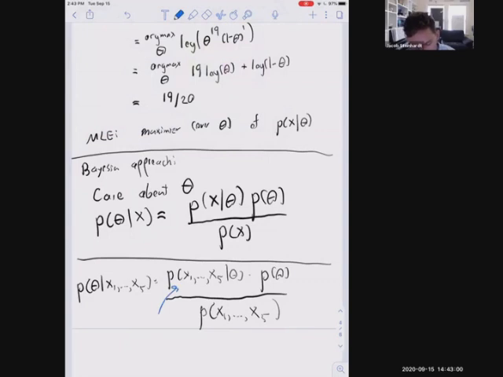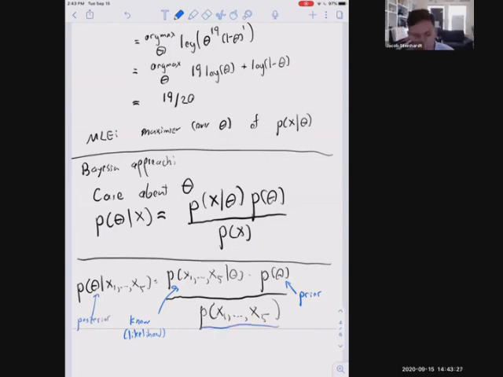This is the thing we already know. This is called the likelihood. This is something we haven't specified yet. This is called the prior. This is going to be our prior beliefs about what theta is. And then this is what Mike called the posterior last time.